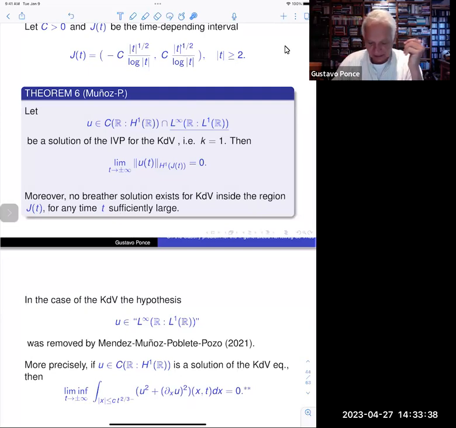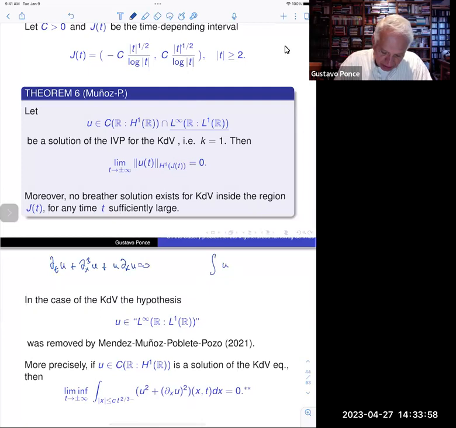Okay. Then, if you stick with this problem, you want to know, suppose you forget about the H1. You know that the L2 norm is preserved, right? If you satisfy the KdV, then this quantity is exactly the quantity that you start with.